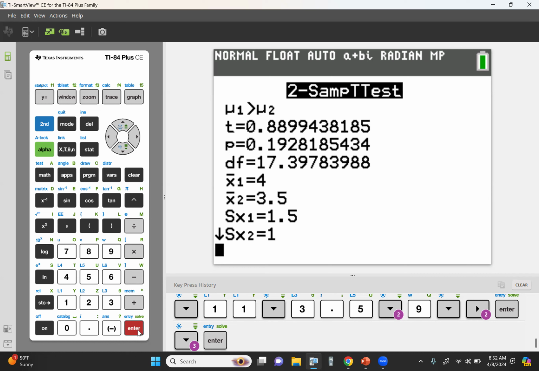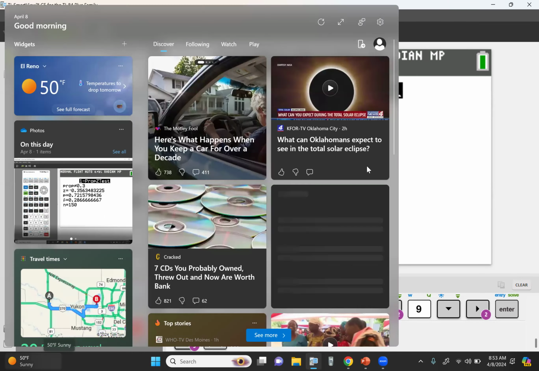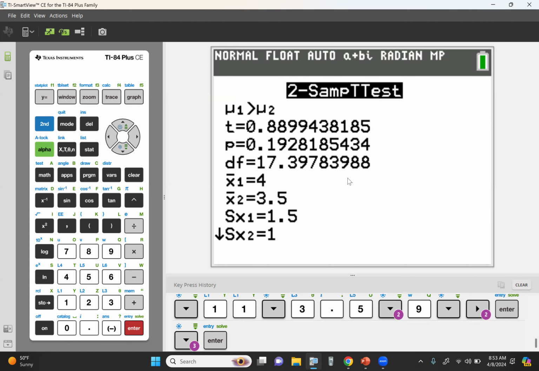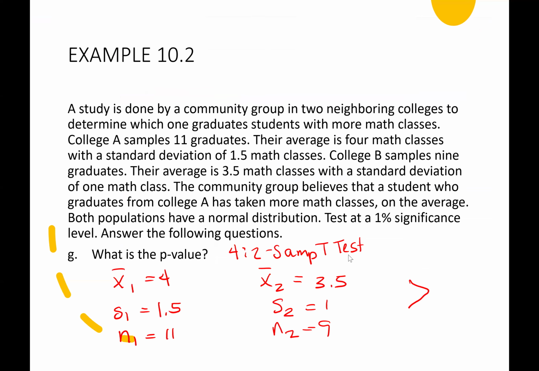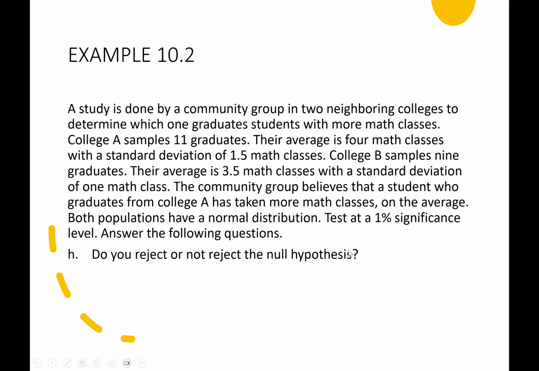The sample data did not support the claim that college A graduates more students with math classes than college B. The sample data doesn't support that. Okay. We failed to reject the null hypothesis.